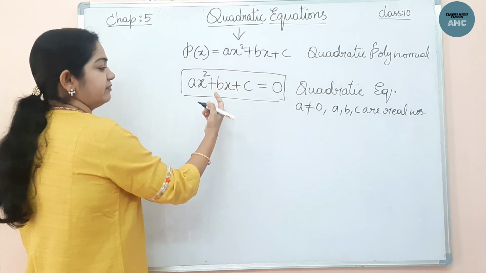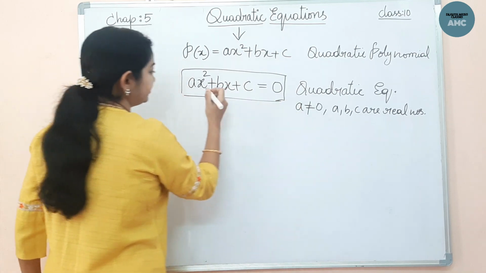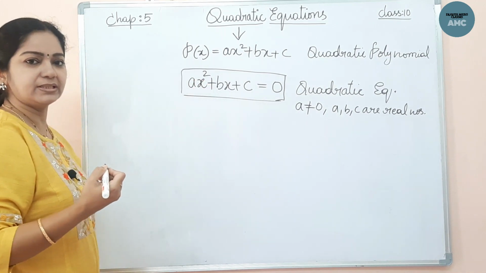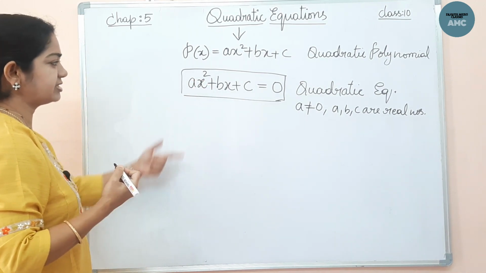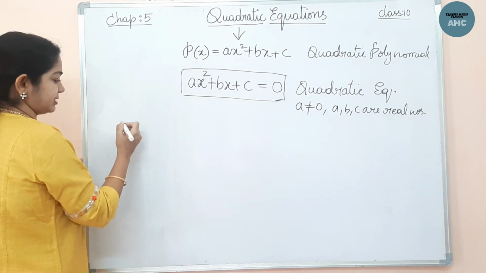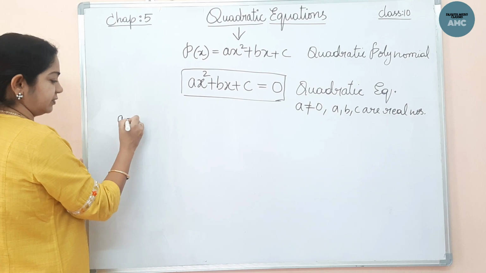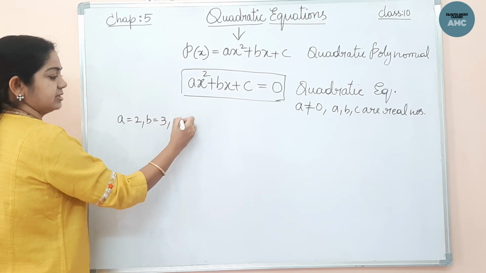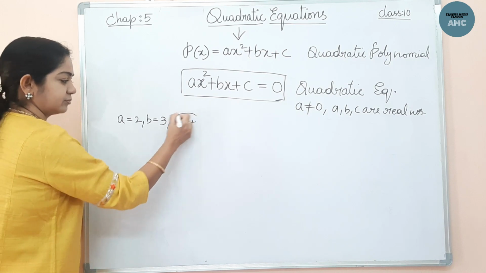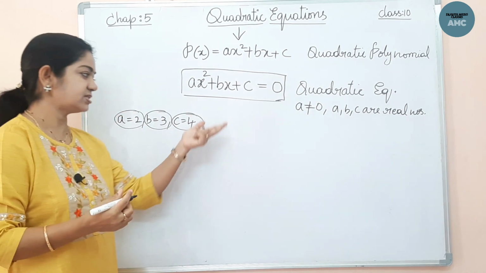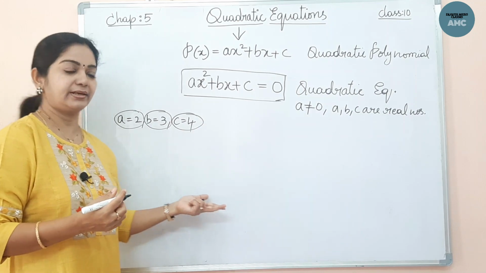Right. Now, when we see this polynomial, let me quote some examples in real life. If I give the value of a as 2, b as 3, and c as 4, I'll be giving some quadratic equations.